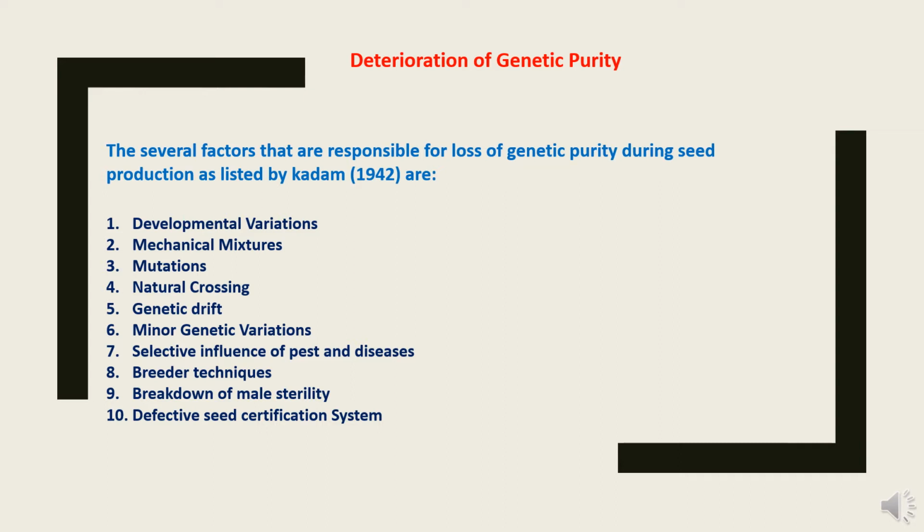There are several factors responsible for the loss of genetic purity during seed production, listed by Kadam in 1942, described as developmental variations, mechanical mixtures, mutations, natural crossing, genetic drift, minor genetic variations, selective influence of pests and diseases, techniques of the breeder, breakdown of male sterility and improper or defective seed certification system. So we will study in detail about each responsible factor.